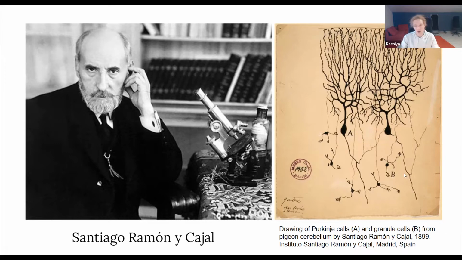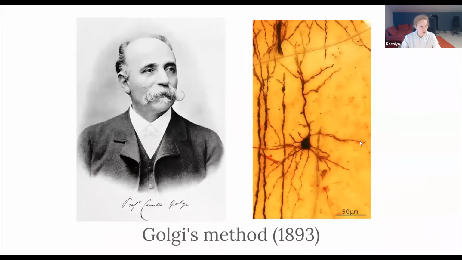Santiago Ramon y Cajal supposed that there are neurons in the brain and they transmit electricity, and Golgi thought that in the brain there is some special tissue like a syncytium, and it transmits electricity like wires.